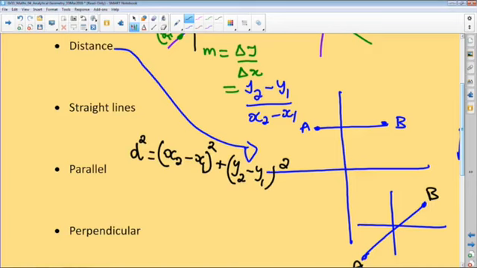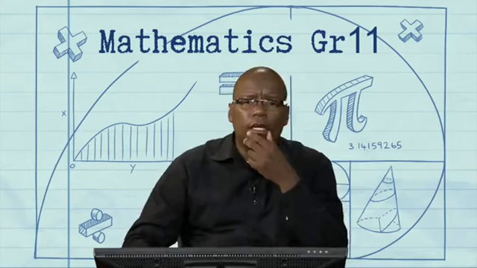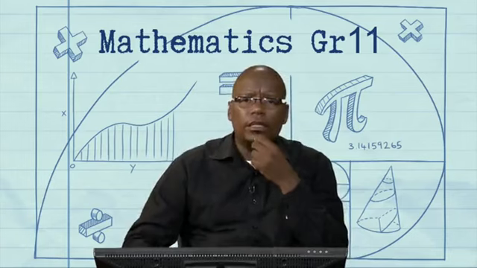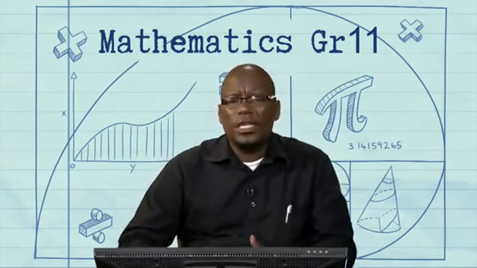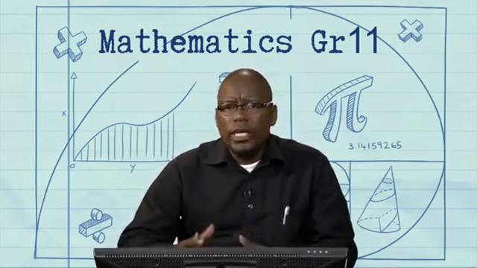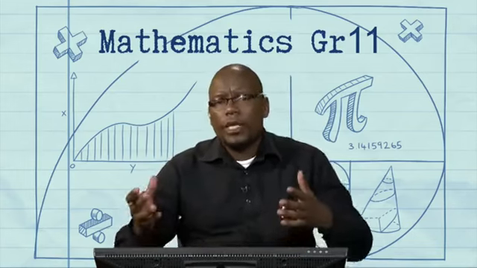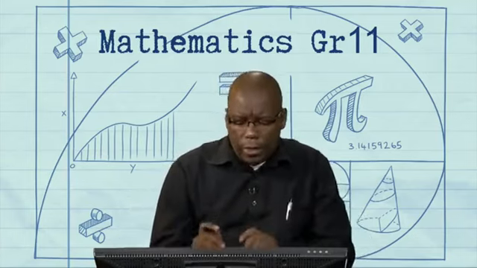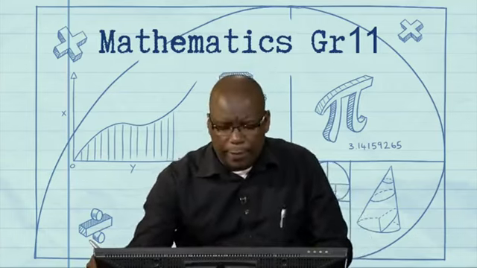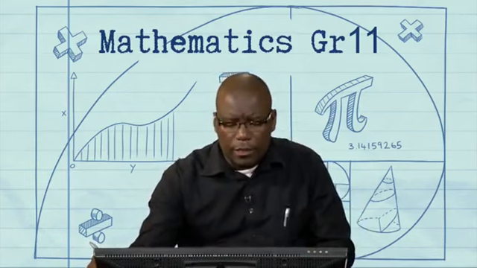But we all know that distance is always positive. You're not going to tell me you ran negative 16 kilometers. You can say it was 16 kilometers in a different direction, but we never use a negative. So that's your distance formula.